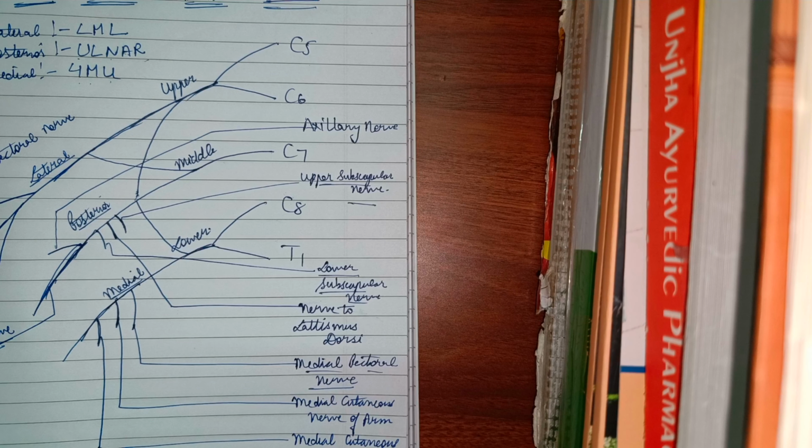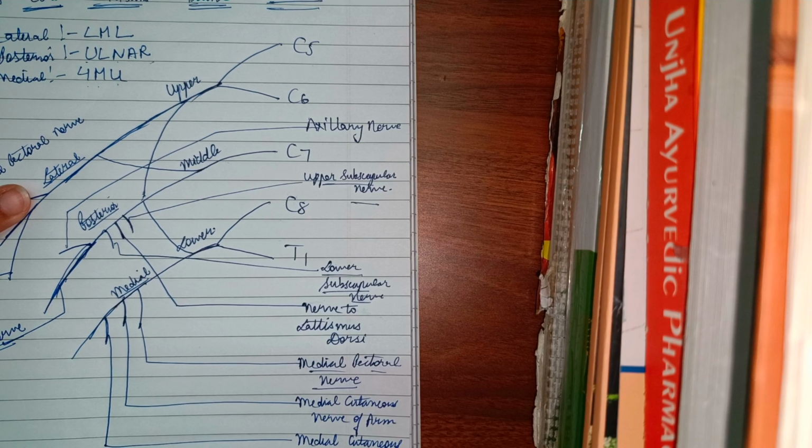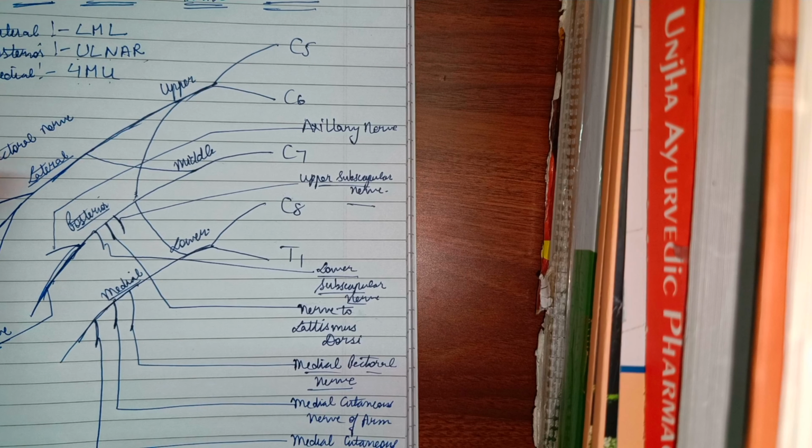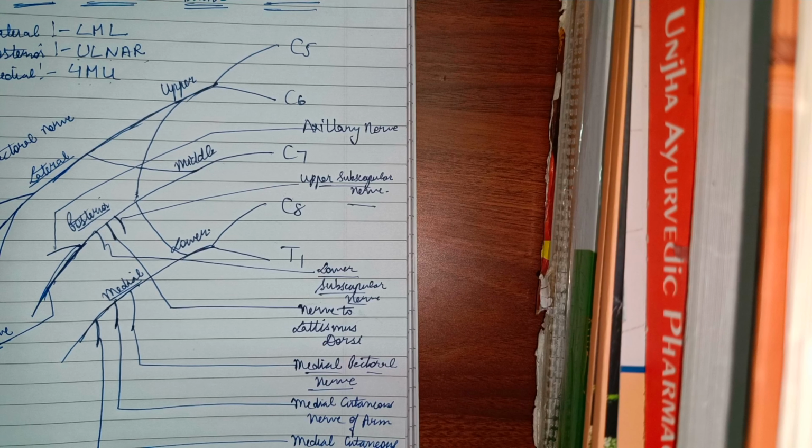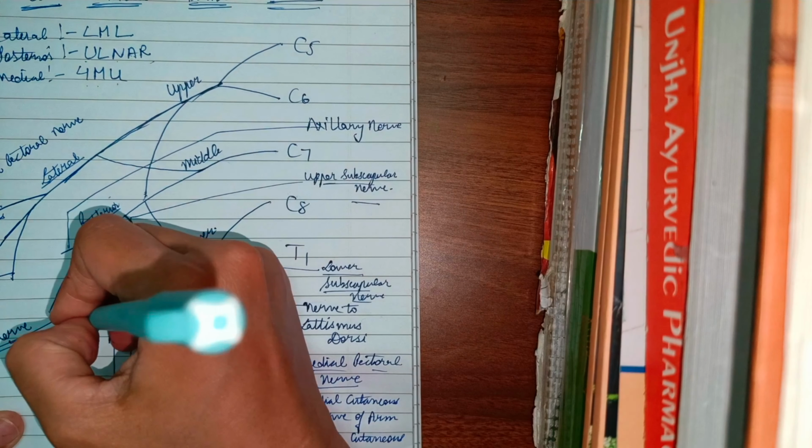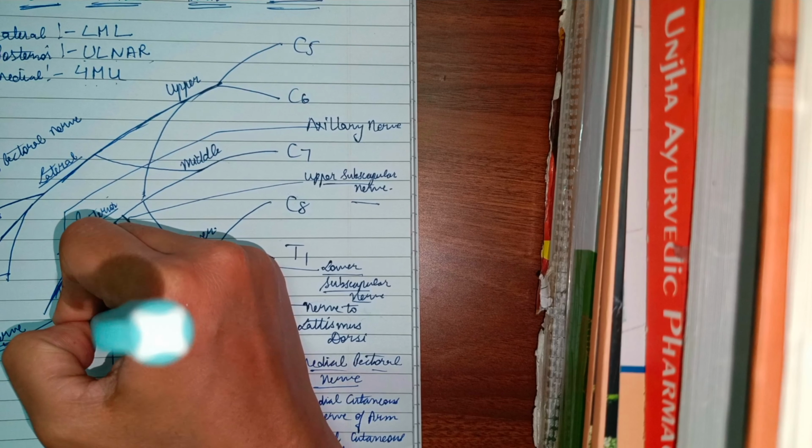Okay, and another M stands for, so guys, first we have studied in lateral cord, one branch is lateral root of median nerve, and from medial cord arises the medial root of median nerve, which will join the lateral root of median nerve.